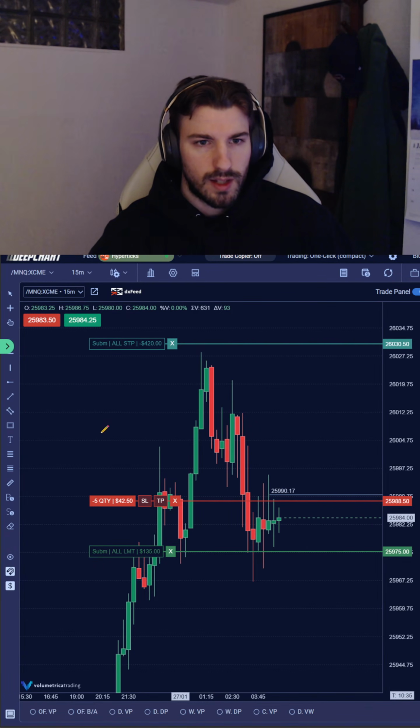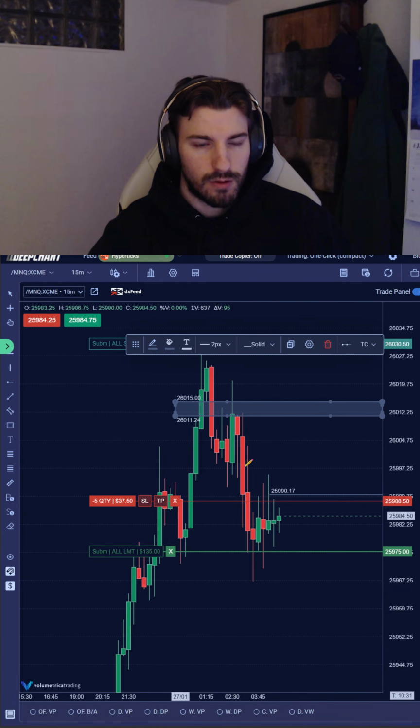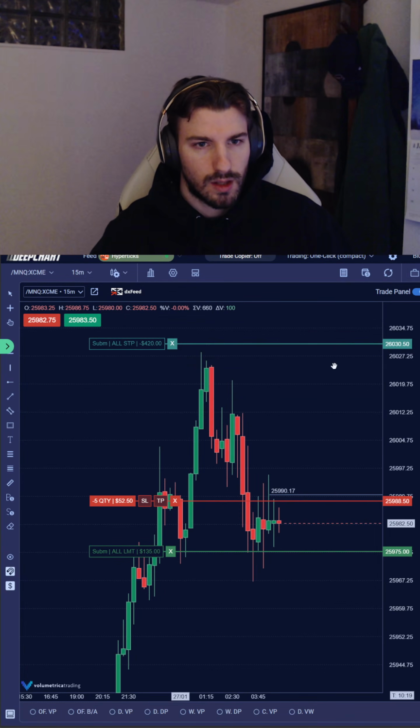So I do see a possibility that we tap this level before coming down. Prices being pushed down here. Short positions may be closed from institutions manipulating price up to come back down. So I do see a possibility.